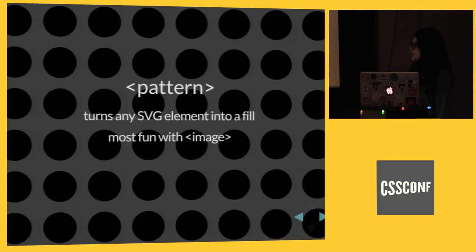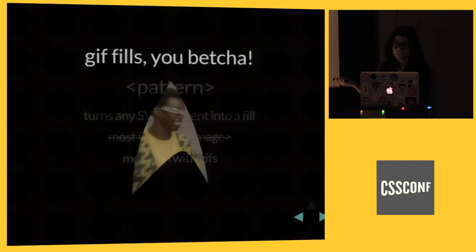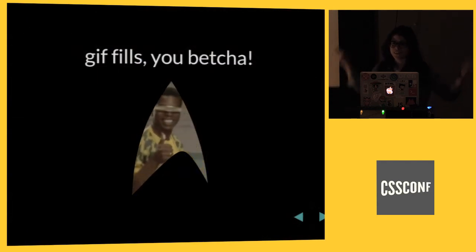It's kind of a hack getting an image in here, but what pattern normally does is turn any SVG element into a tileable pattern, like if you were going to fill something with polka dots in the background. But I think it's the most fun with the SVG image element. And more specifically, I think it's the most fun when you start putting gifs inside things. You can fill anything with a gif.